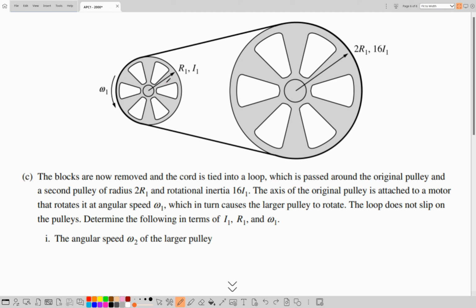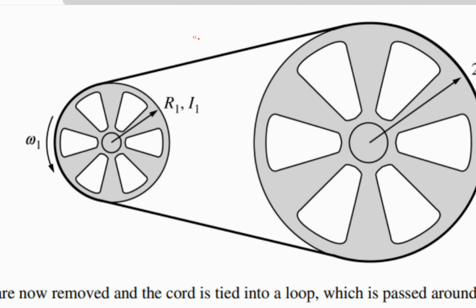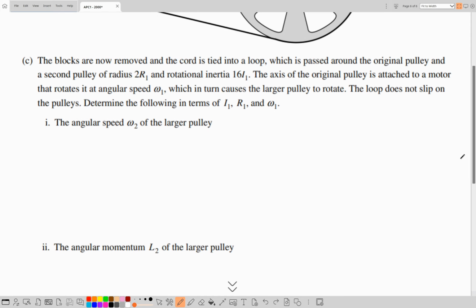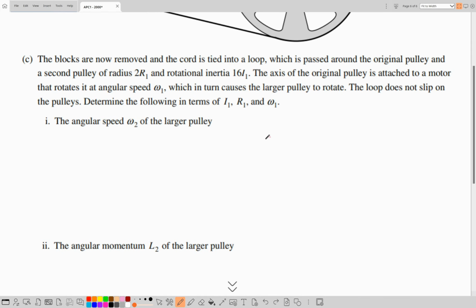Now here the two pulleys are connected by this cord, and because we don't have any type of slipping, they both have the same linear speed, which is given by v, however omega is different. So they're telling us in idea number 1 to determine the angular speed omega 2 of the larger pulley.